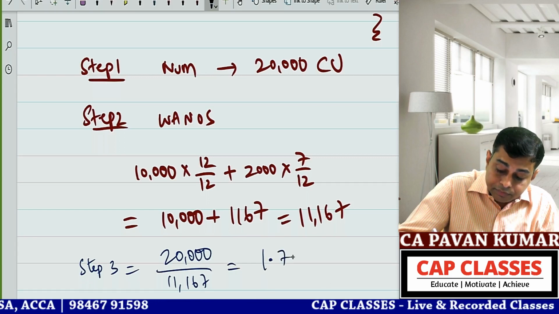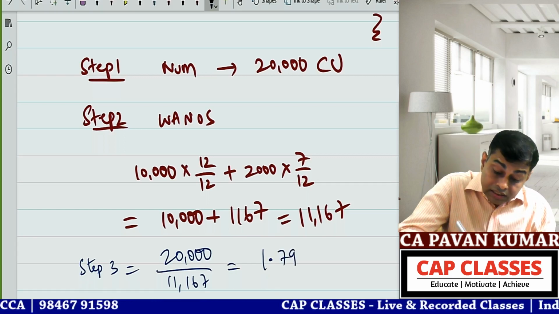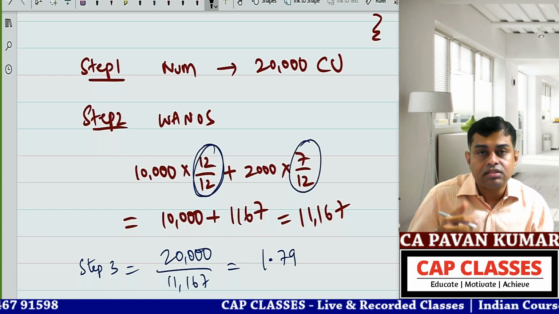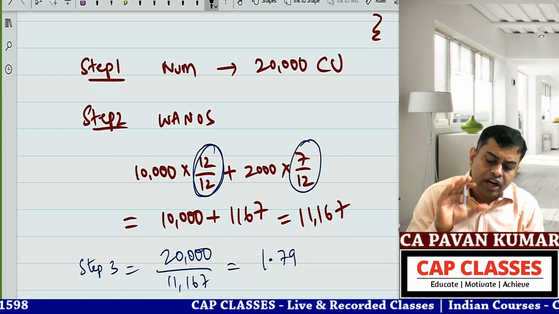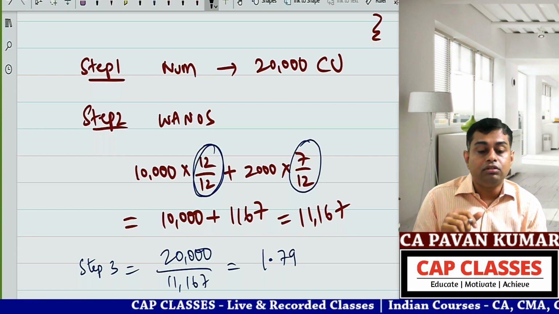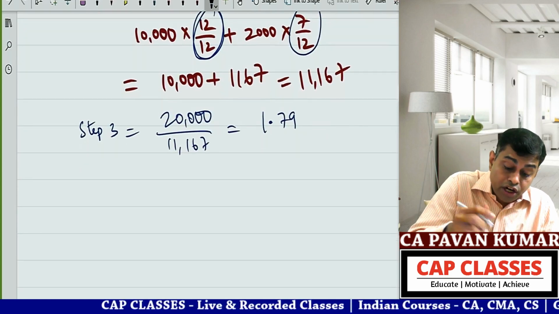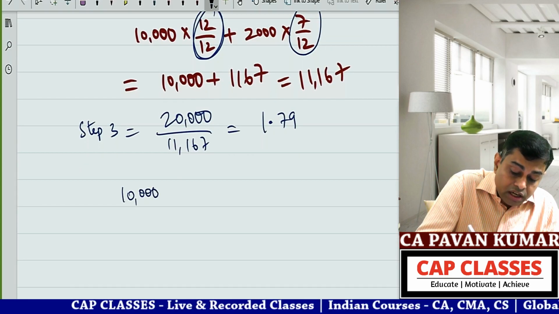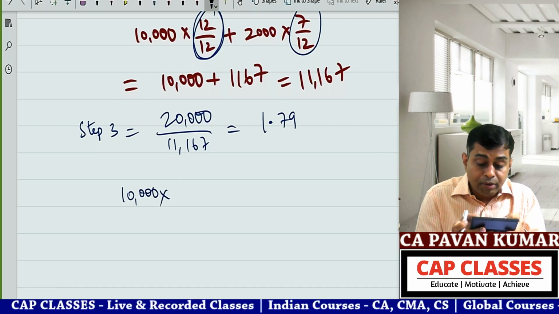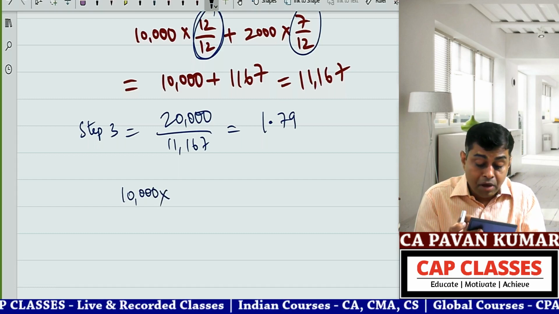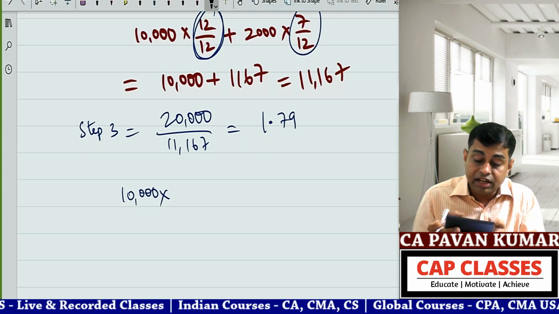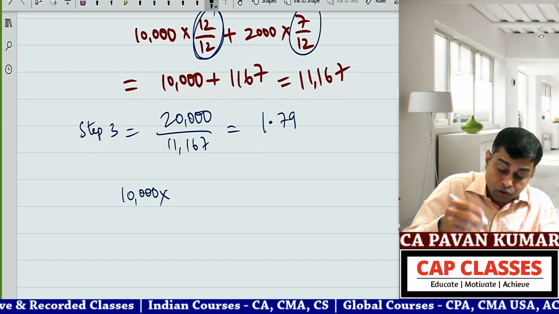1.79. Hold on. This is a time adjustment factor based on months. You can take it based on years also, based on number of days also. Then you have to calculate number of days. How you need to do, 10,000 into how many days? Jan 31 days plus Feb 28 days plus March 31 days plus April 30 days plus May 31 days. So 151. No, sorry.